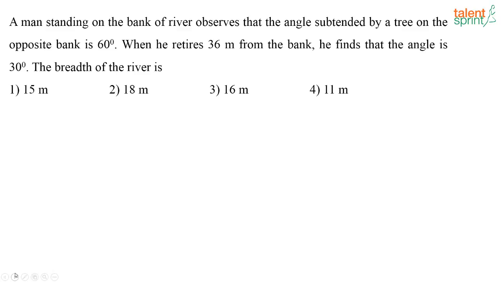Okay, next question. A man standing on the bank of a river observes the angle subtended by a tree on the opposite bank is 60 degrees. When he retires 36 meter from the foot of the bank, he finds that the angle is 30 degrees.